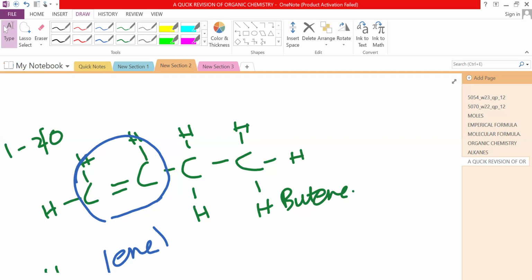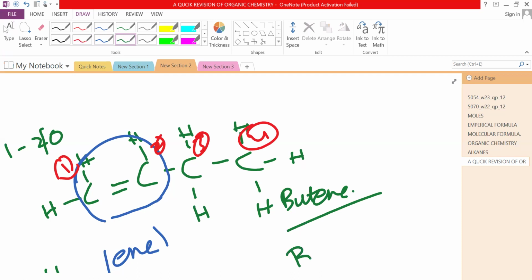The double bond is on the first carbon, so from the left it's getting the smallest number. It is 1, then 2, then 3, then 4. 4 carbons in total, and the double bond is at the first carbon, so we can write this instead of butene like this, but-1-ene.